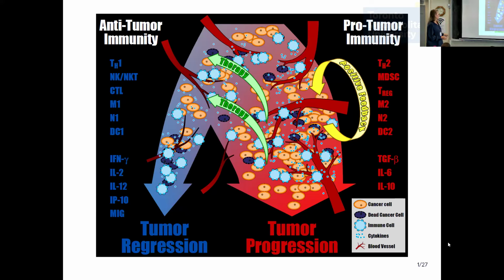So this is the general slide I like to put up, where I say I'm considering the dual actions of the immune response. These are the anti-tumor effects from macrophages, cytotoxic T cells, etc. We're not going to consider that in this talk.